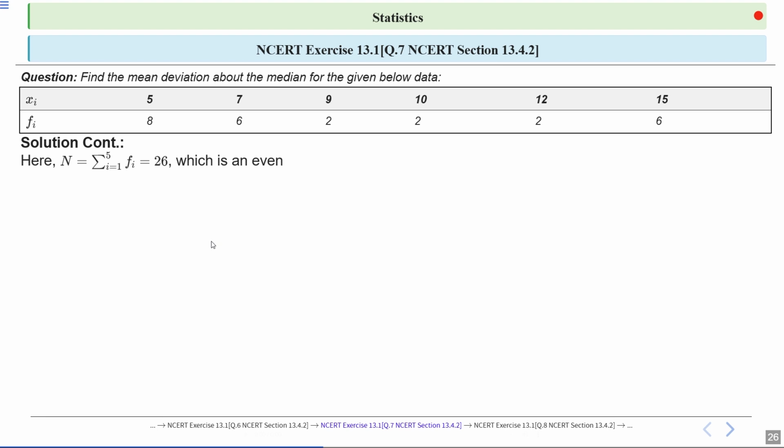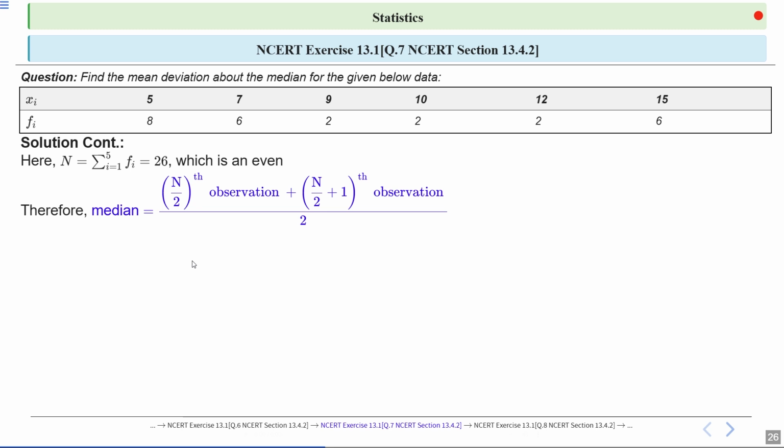First, we need to find the total number of observations, which we call n. We do this by adding up all the frequencies. So n equal to summation i equal to 1 to 6 fi, and this is equal to 26, which is an even number. Since n is even, the formula for the median in a discrete frequency distribution is median equal to the n by 2th observation plus the n by 2 plus 1th observation, divided by 2.